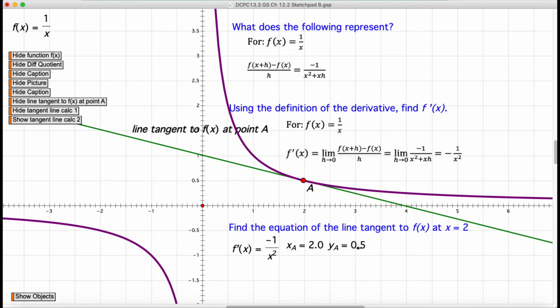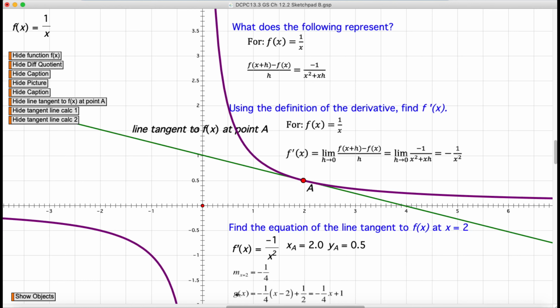These two values give me the x and y values for the coordinate point the line is passing through. Remember, the derivative is the instantaneous rate of change, or the slope of the tangent line. So I'm going to use the derivative's equation to find my tangent slope. I take my x value 2 and substitute it into my derivative. That gives me my slope at the x value of 2 as negative 1/4.